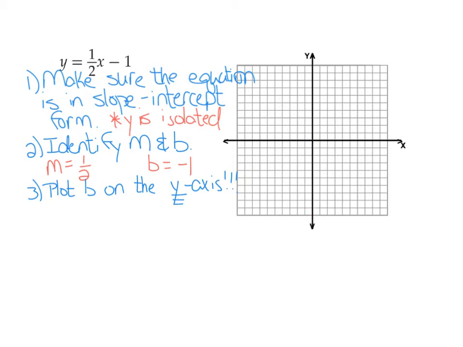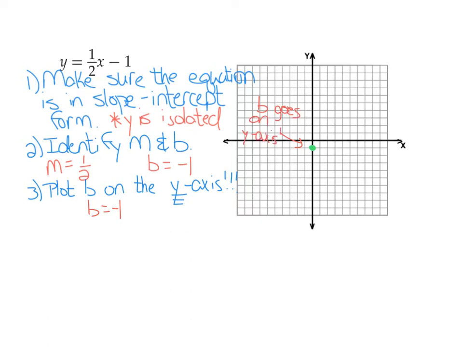So I'm going to take -1, that means I'd go down 1, right? Because we said up here that b was -1, so the y-intercept is -1, and I put b, and it goes on the y-axis.